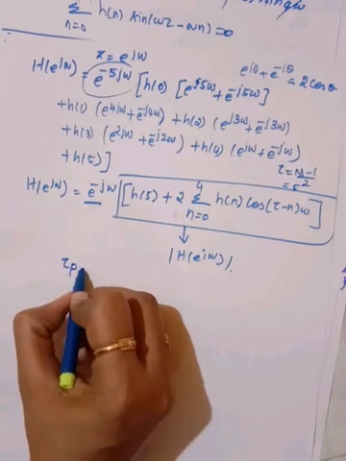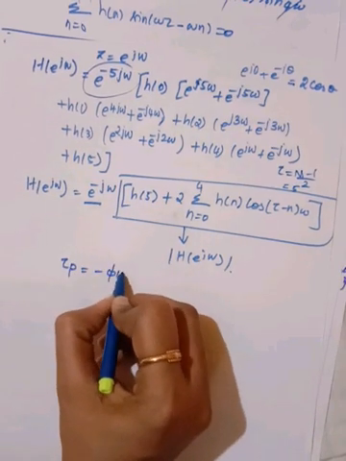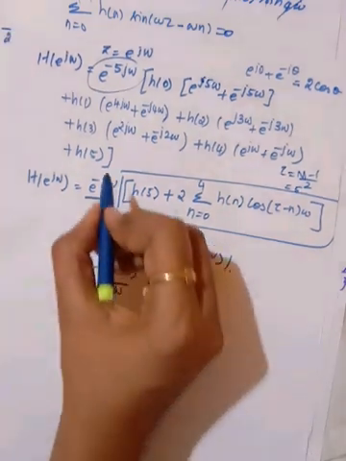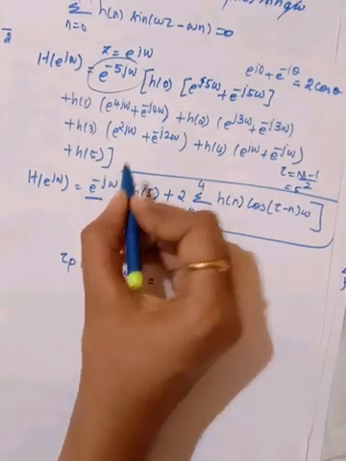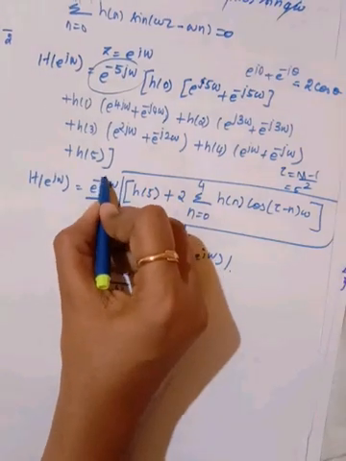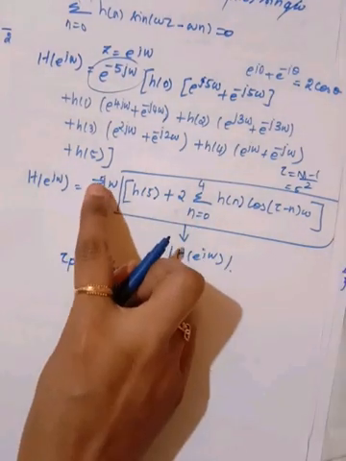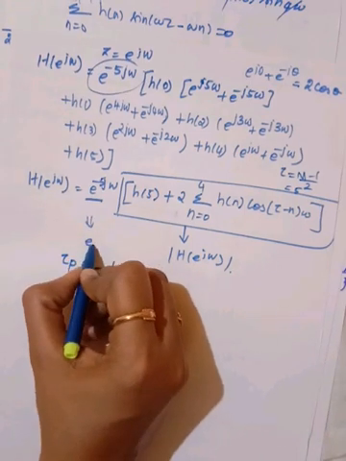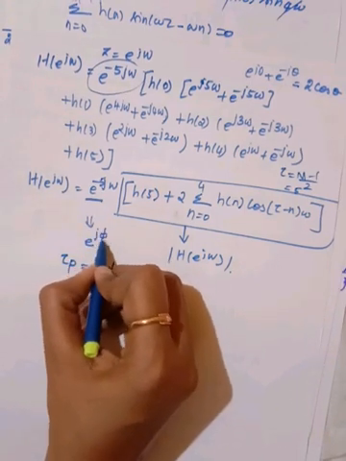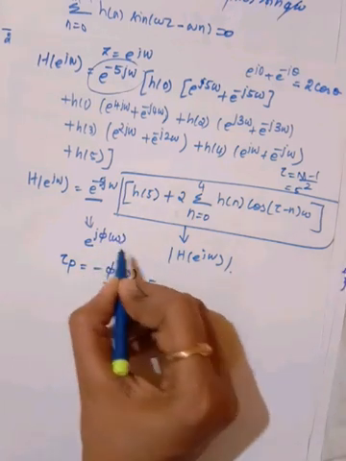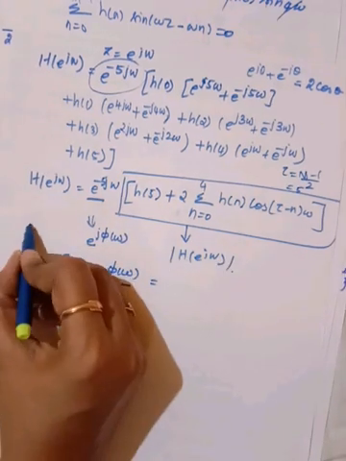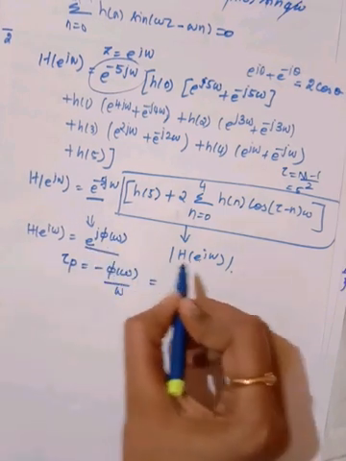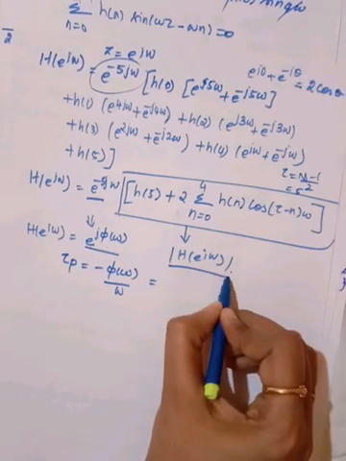Now I am going to find the phase part. Phi of omega by omega is the phase part. Here phi of omega is equal to minus 5 j omega. This is analogous to e power j phi of omega times the magnitude: the frequency response can be written as the phase response multiplied by the magnitude response.